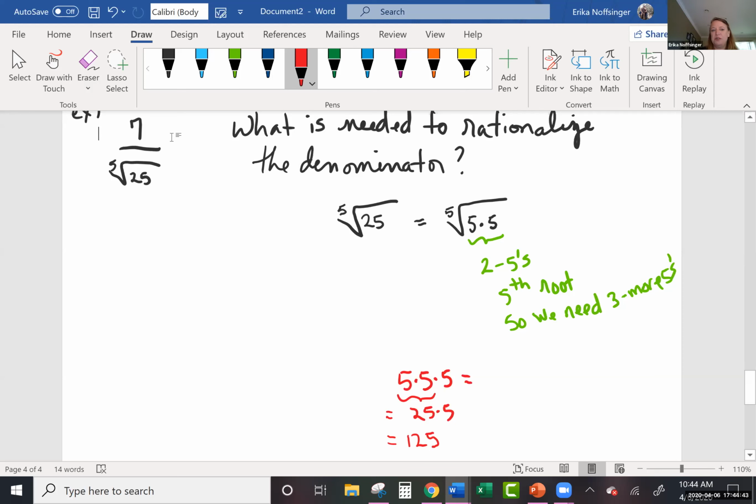But I'm not just multiplying top and bottom by 125. I have to multiply top and bottom by what? Well, this index, right? It's the 5th root. So I need the 5th root, and then I need 3 5s left under there. So the answer is I would need the 5th root of 125 in order to rationalize this denominator.